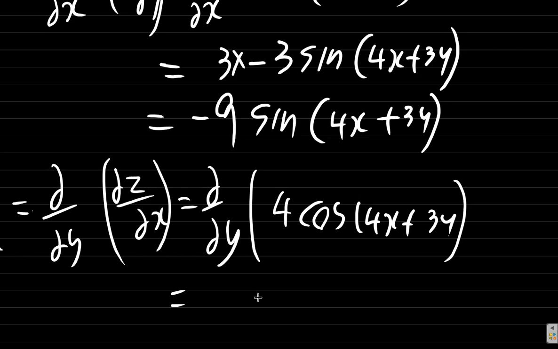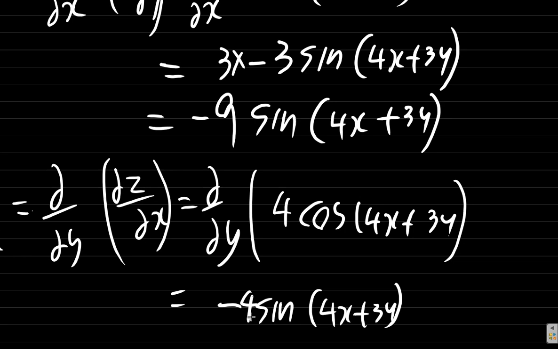Now, we have the cos of a function. The outside function is 4 cos something. When you differentiate the cos of something, you get the negative sine of that something. So it's negative sine of 4x plus 3y. And remember the 4. Let me fix it up. Let's put the 4 right there. Alright, negative 4 sine 4x plus 3y.